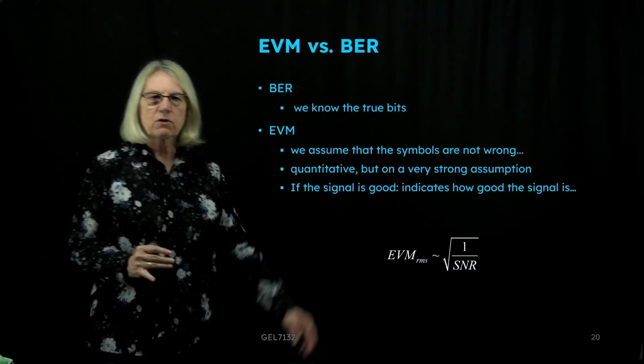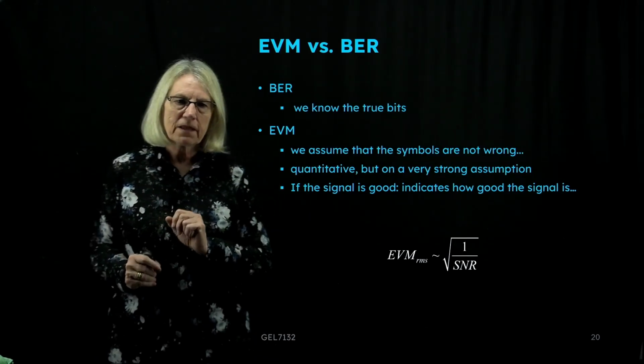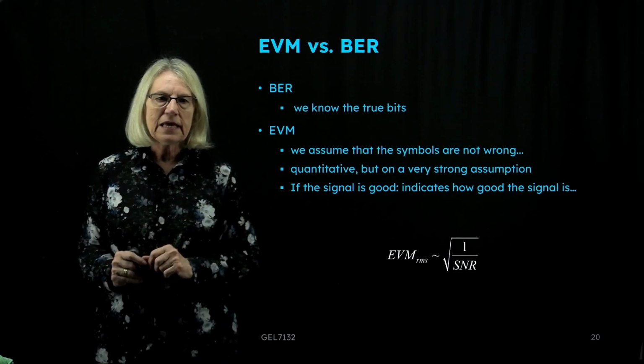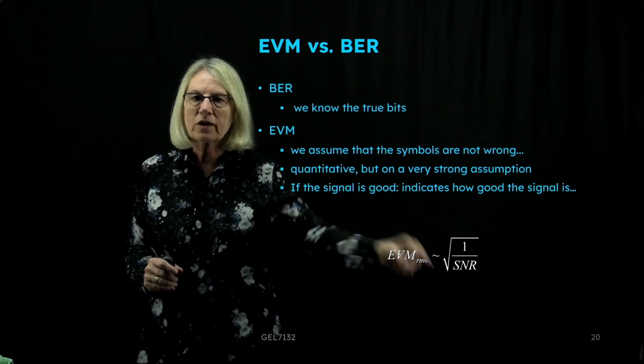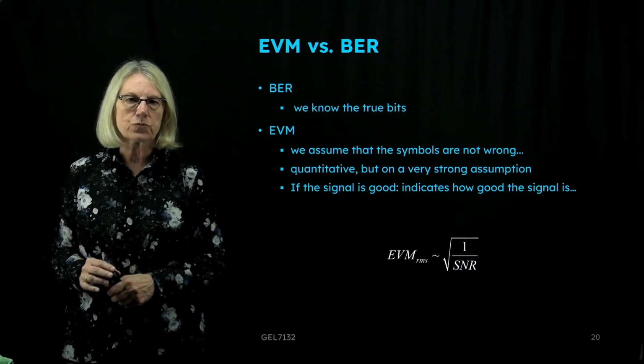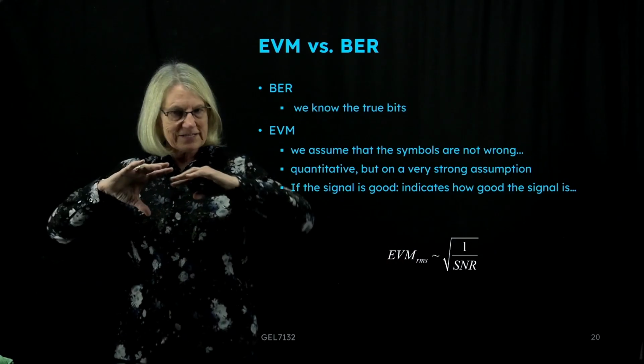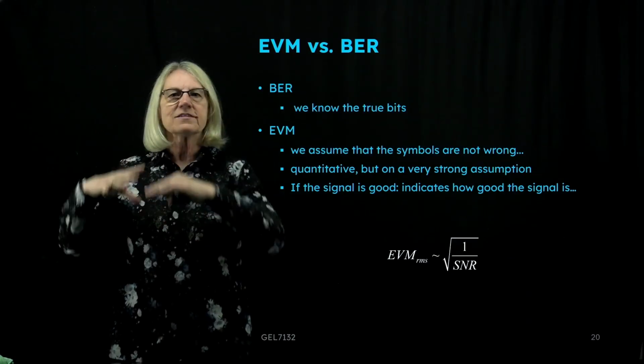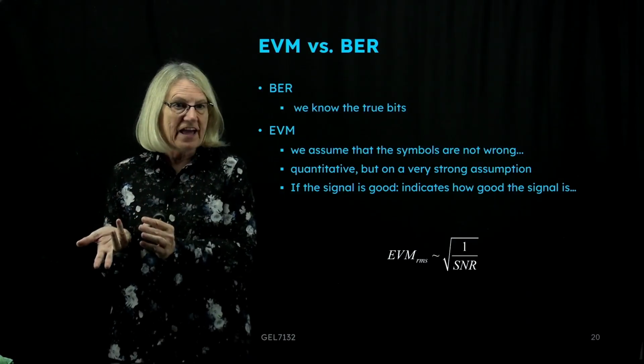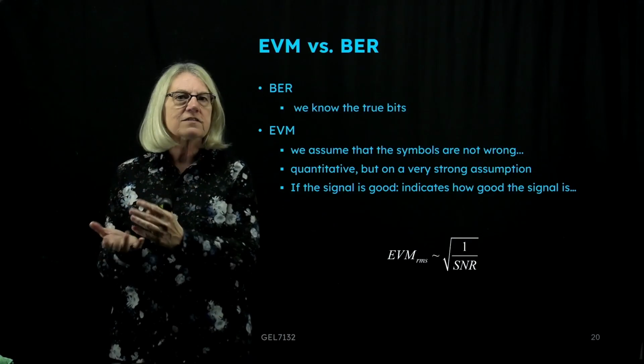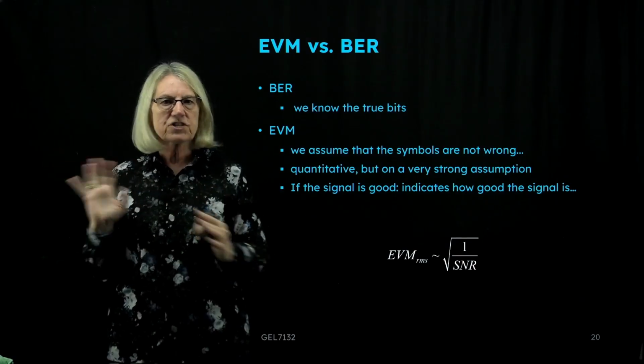So in the case of a really strong signal, the EVM is proportional to 1 over the square root of the signal-to-noise ratio. So remember I said it's the size of the cloud. The size of the cloud is determined by the amount of noise. So intuitively there's this relationship.